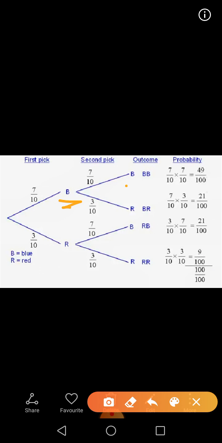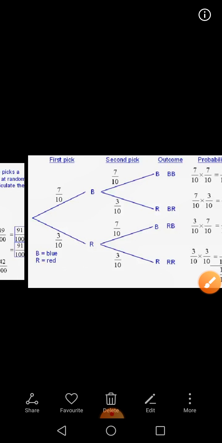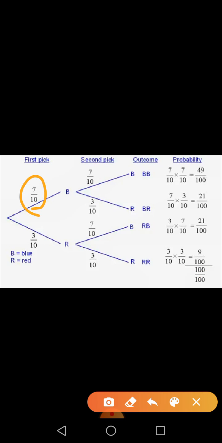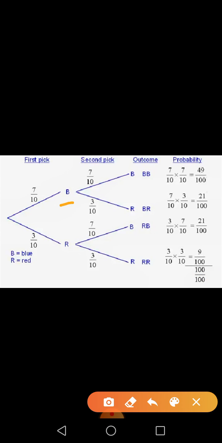Look very well. Here blue, blue, so it will be 2 blues. The answer will be to multiply this probability times this probability to get the total. Here blue, red, so 1 blue and 1 red.